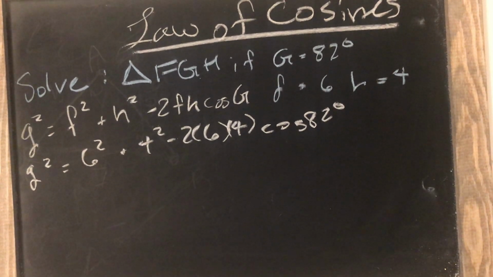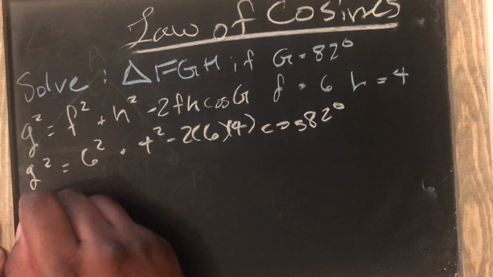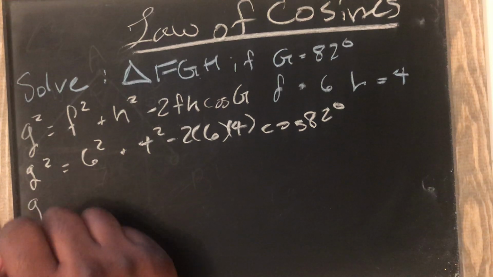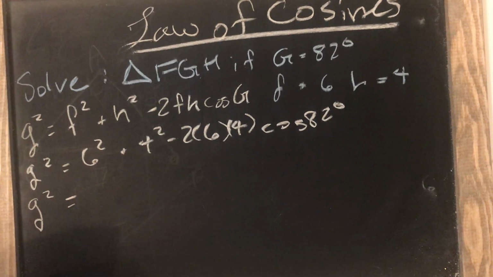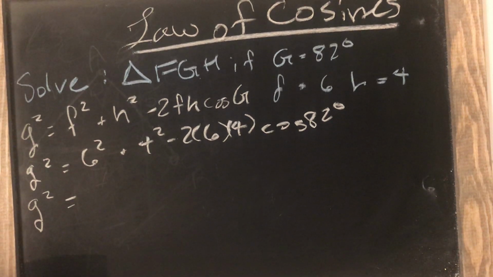Then the next thing is to put it into my calculator: 6 squared plus 4 squared minus 2 times 6 times 4 cosine of 82.